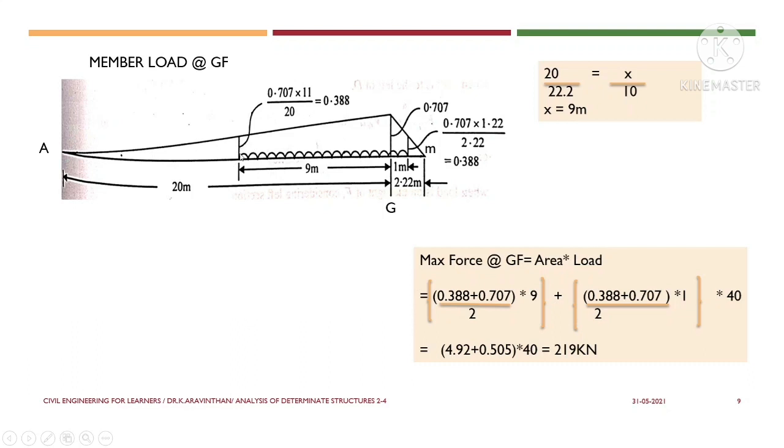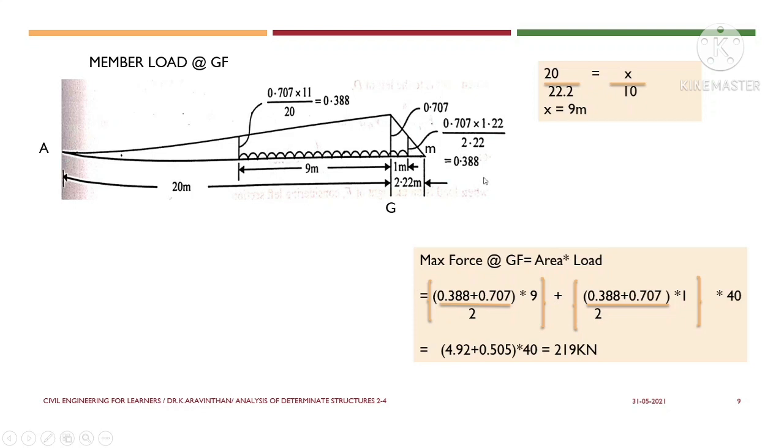So how to find the ordinate? You can use the same concept of vertical by horizontal. You will be getting 0.707 as vertical for 20 meter horizontal. If you need it at the point of 11 meter, you will be getting the ordinate as 0.388. The same way you can find at this ordinate.